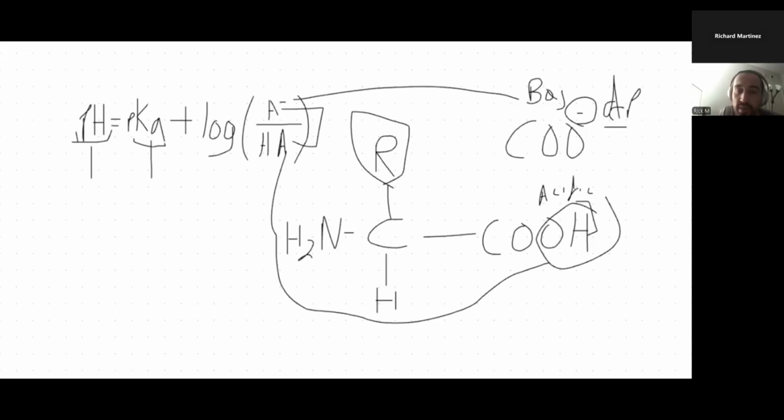A minus, not to get you tripped up into thinking that, hey, that's an acid. No, this is the basic version, because it's deprotonated. It's missing this proton. What this would mean is the higher the pH goes, the more it's going to be losing a proton. That makes sense.